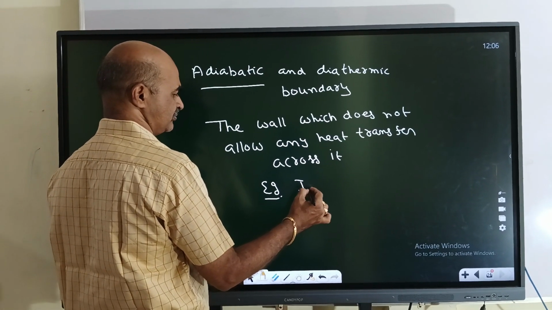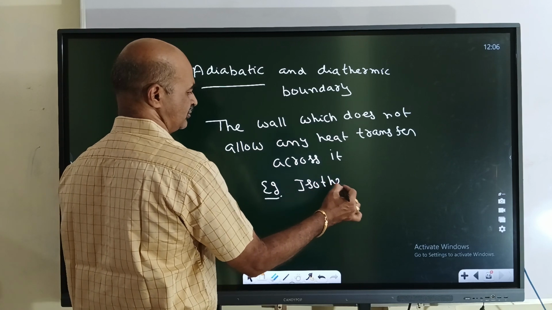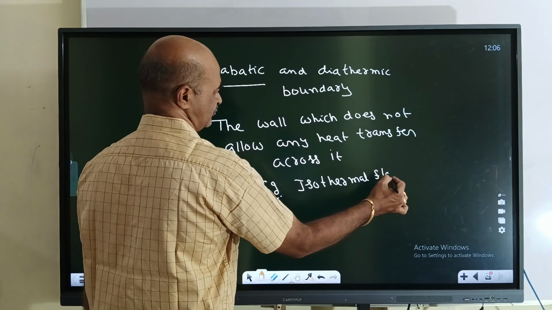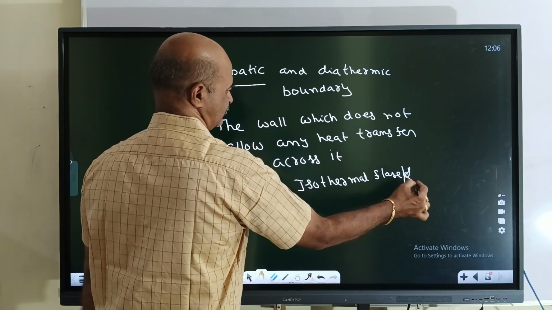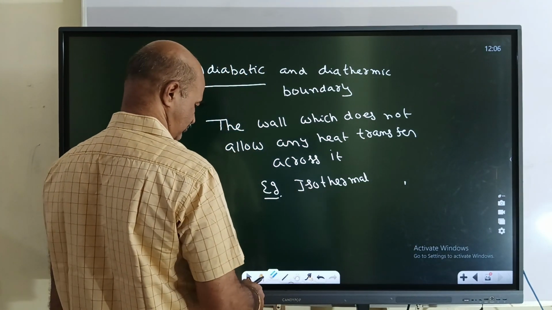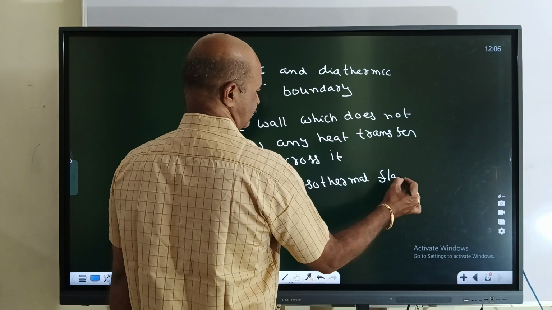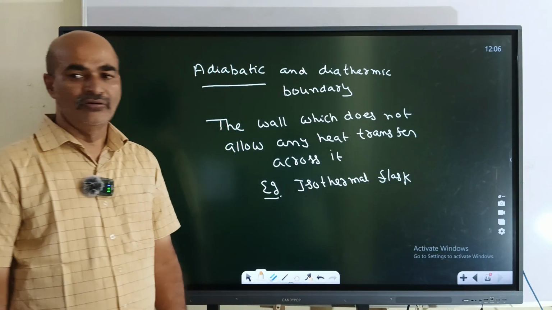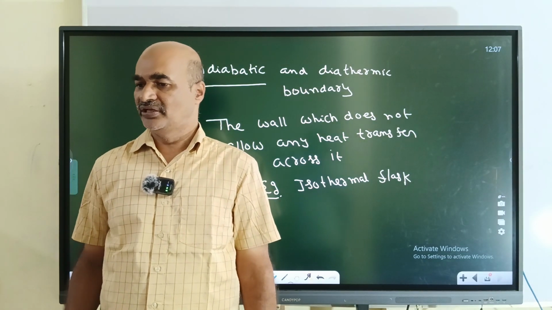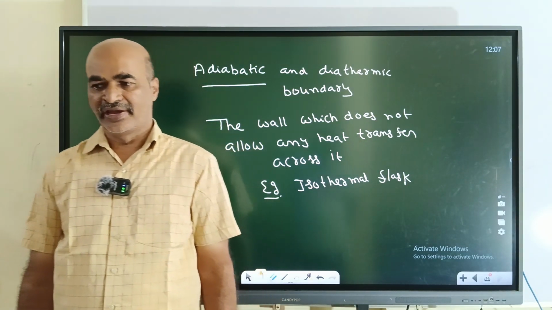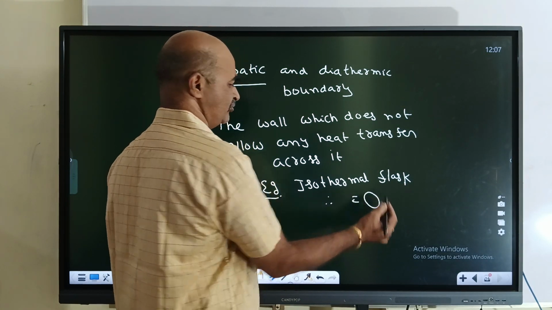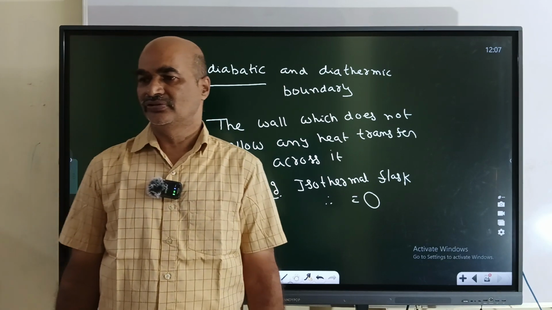isothermal flask. Okay. What is an adiabatic boundary? The wall which does not allow any heat transfer across it. Therefore, Q is equal to 0.